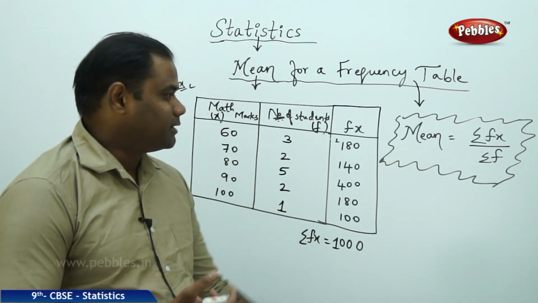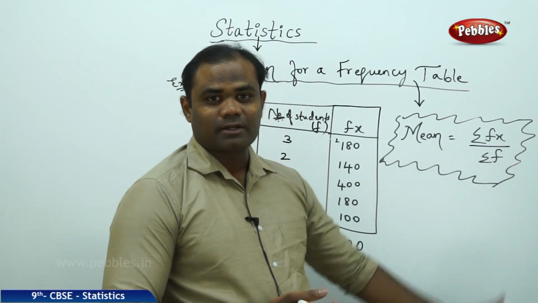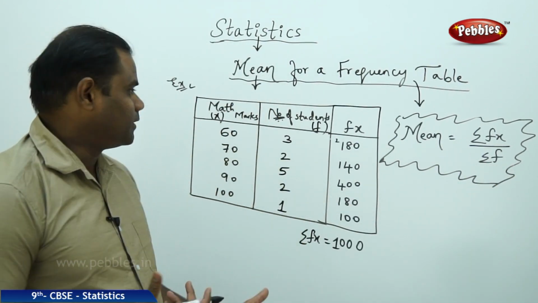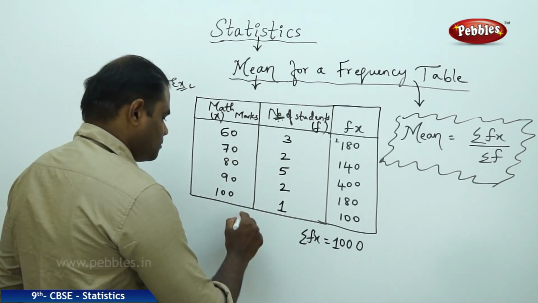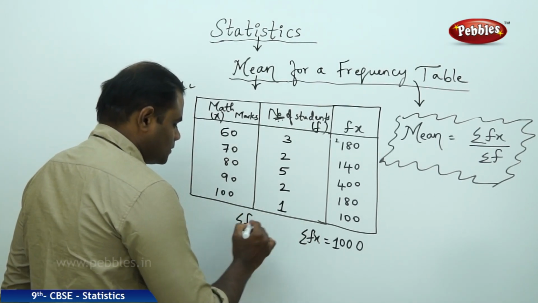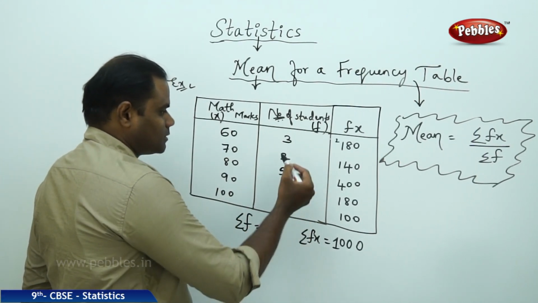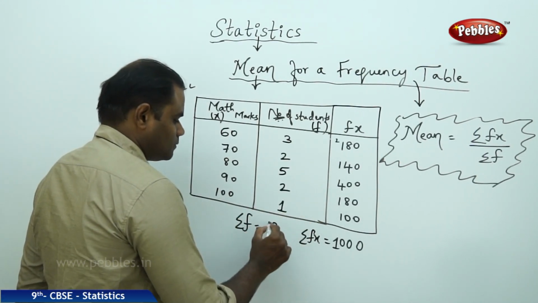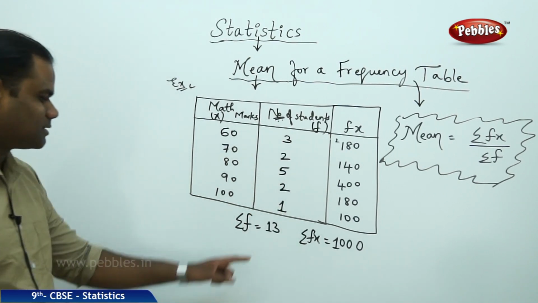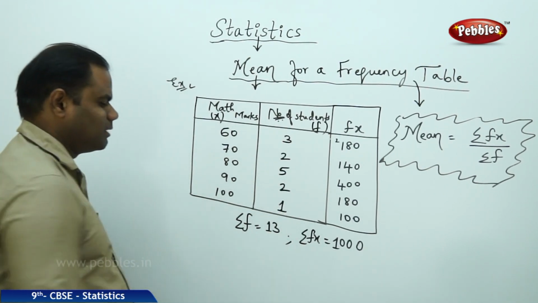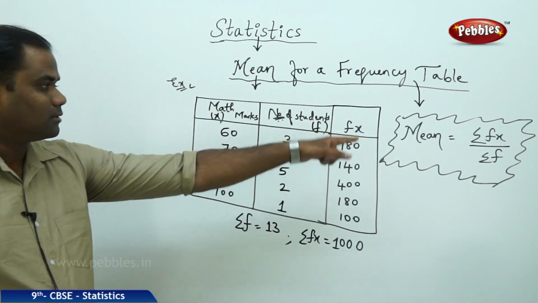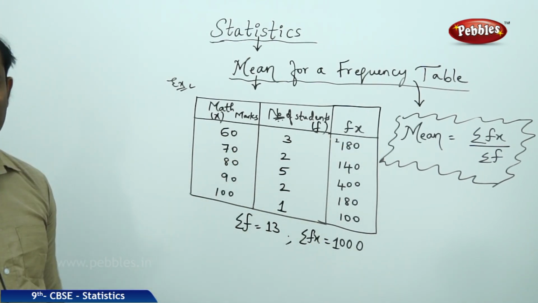Now next I need sigma f, and sigma f is the sum of all the frequencies, and hence I add up all the frequencies out here: 5, 6, 7, 8, 9, 10, 13. So here I have my sigma f and my sigma fx, which I'm going to use in the mean formula.